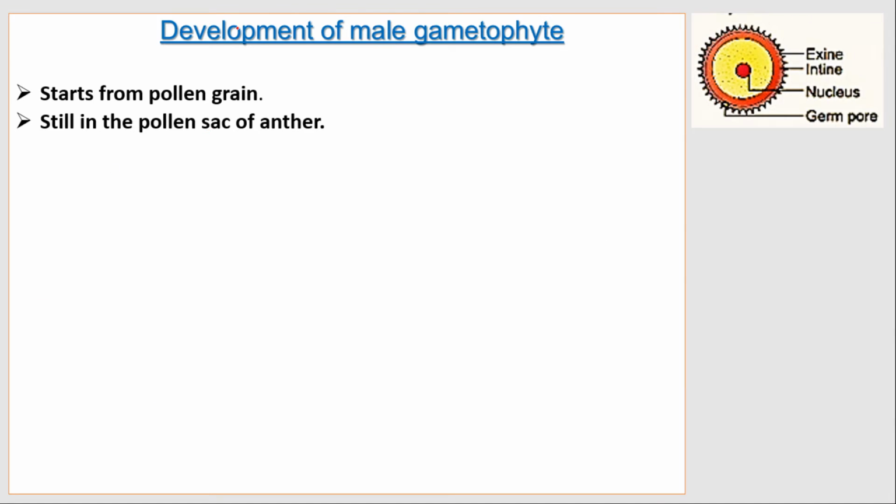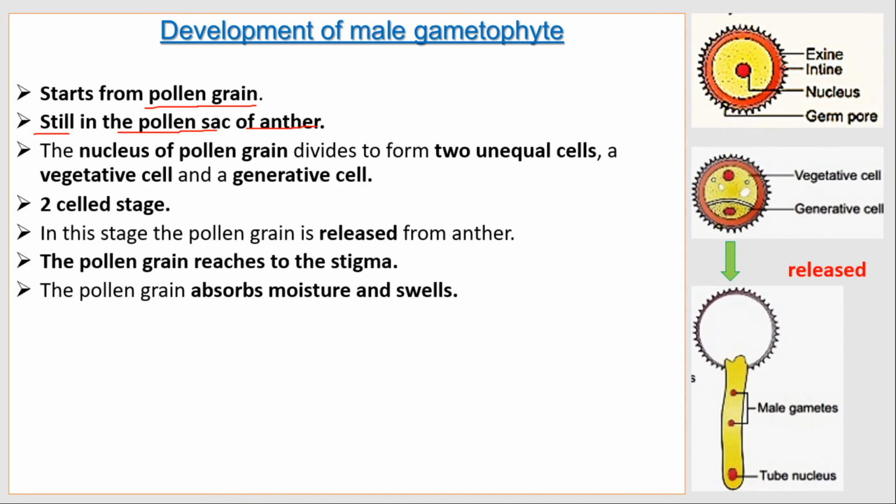Now we will see development of male gametophyte. The development of male gametophyte starts from the pollen grain, when the pollen grain is still in the pollen sac of the anther. Look here, pollen grain is present in the pollen sac of the anther.